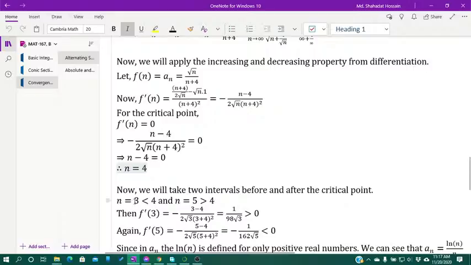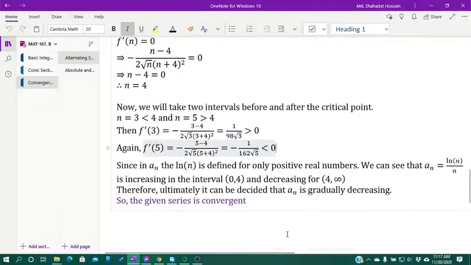It may be 3.5, 2.5, it may be 4.5 or 6, anything you can consider. And we can say that if I substitute 3 in this differentiation, I will get this number, that is greater than 0, and if I substitute 5, I will get a negative number.